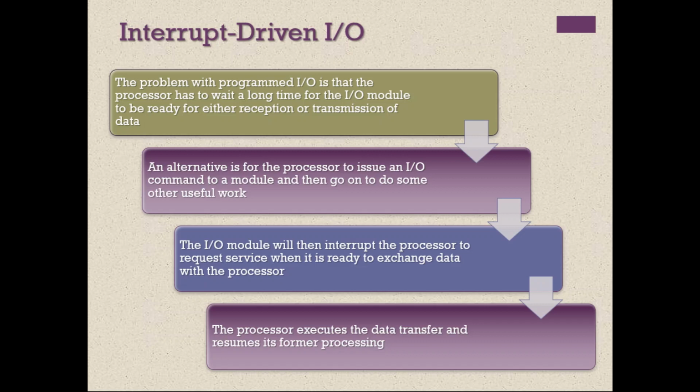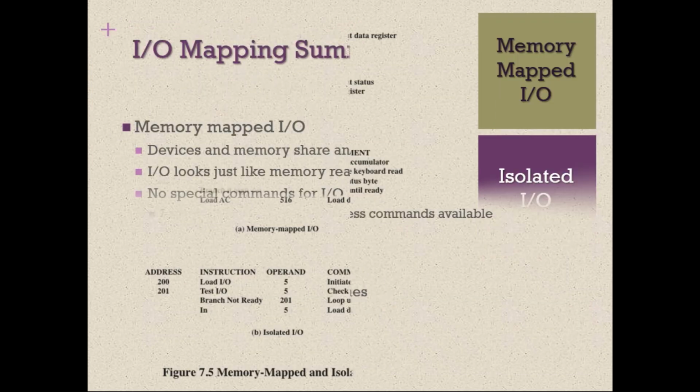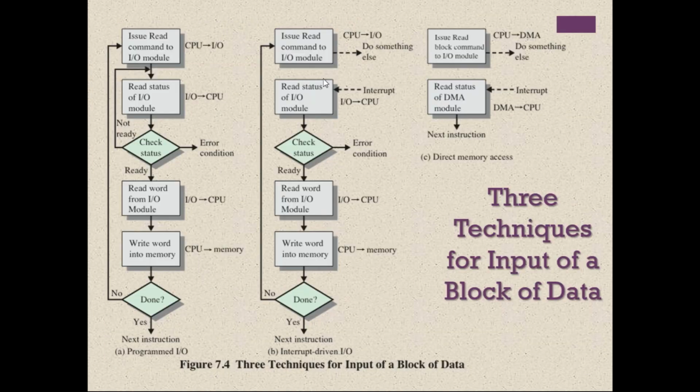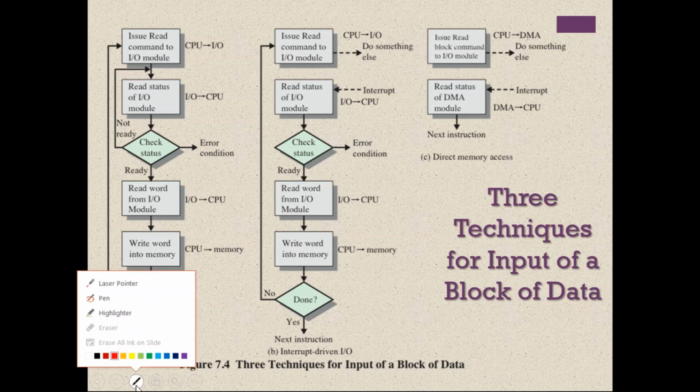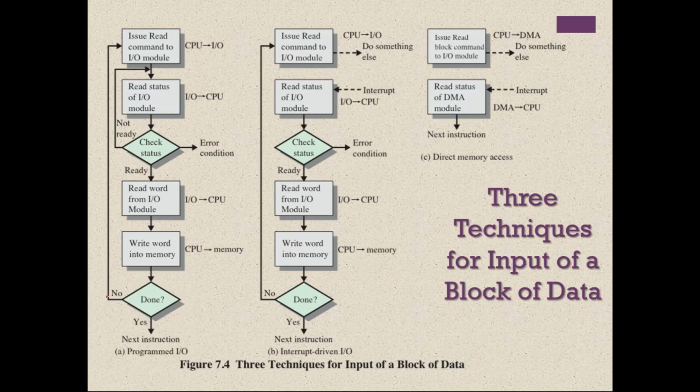So first let us have a brief overview of that. Of course, we have discussed that in the last class. If you recollect, in programmed IO, the processor will issue an IO command, and then it will keep on waiting for that IO to complete. But in contrast with that, in interrupt driven IO, the processor will issue an IO command and then it will start doing its other job.